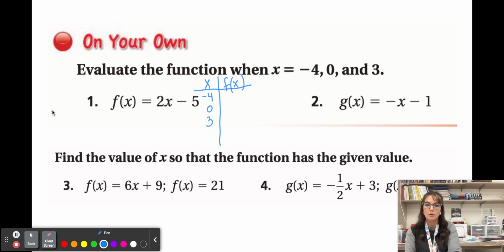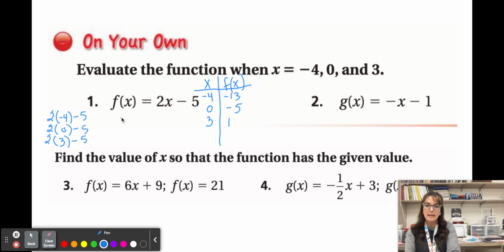It looks like 2 times negative 4 minus 5, and that's going to be negative 13. 2 times 0 minus 5 is negative 5. And 2 times 3 minus 5, or 6 minus 5, which is 1.